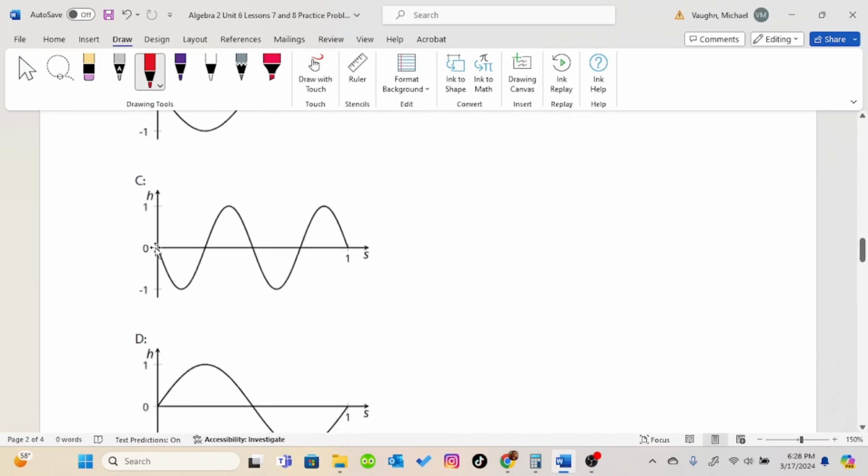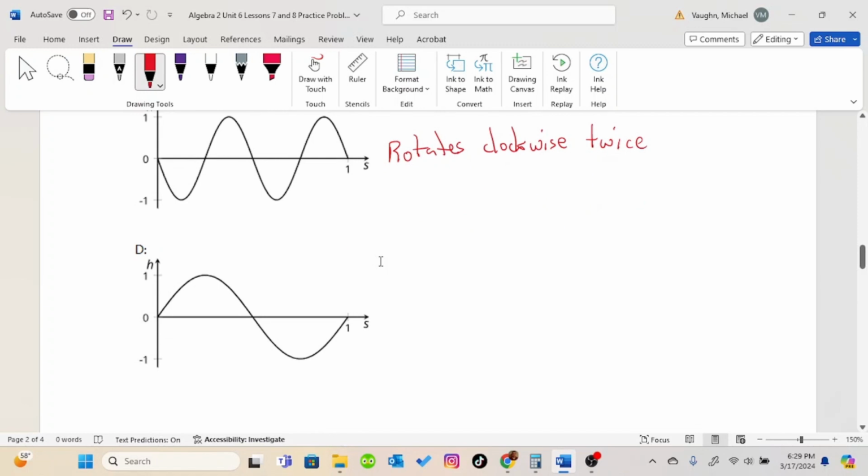C also starts at 0 and goes down to -1 first, and it completes 2 full rotations. So this rotates clockwise twice. The correct depiction is D.